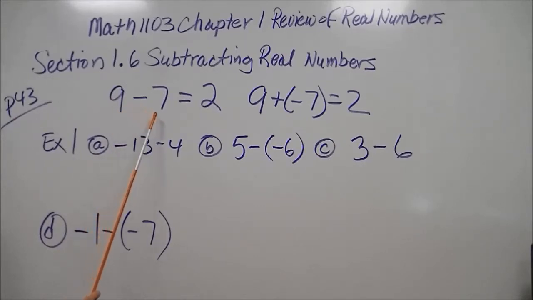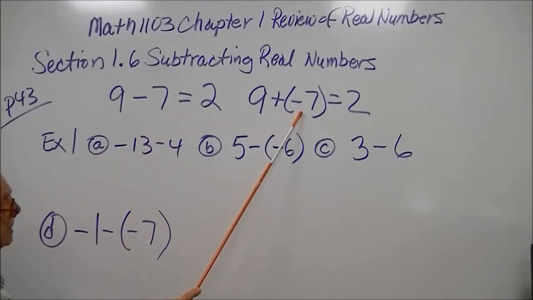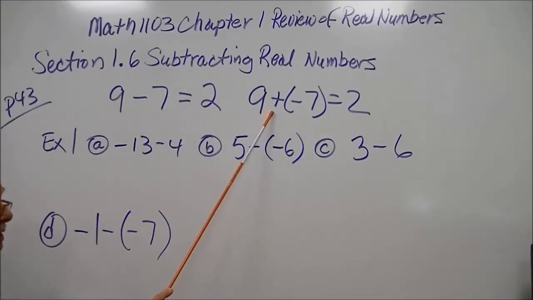9 minus 7. This is the traditional subtraction, and we get a 2. But in algebra, we often think of trying to convert a subtraction to an addition problem, and we do so by putting the negative 7 in parentheses and just putting a plus there.